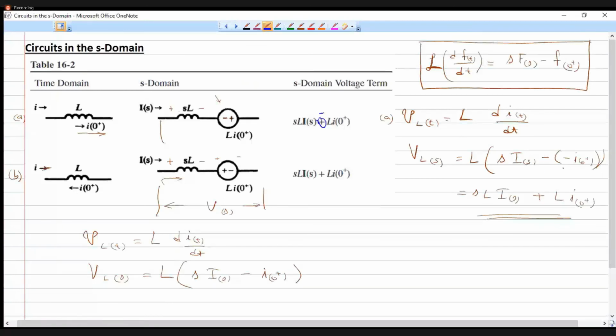We were traversing in the same direction as the current, so no need of taking it in the opposite manner. So this is plus itself, but the initial-condition term has to be replaced with minus.